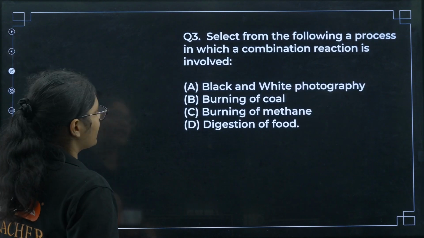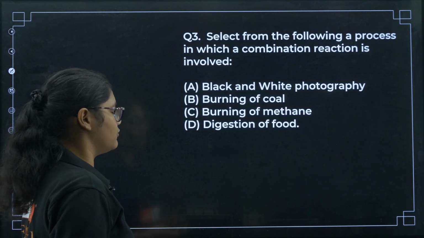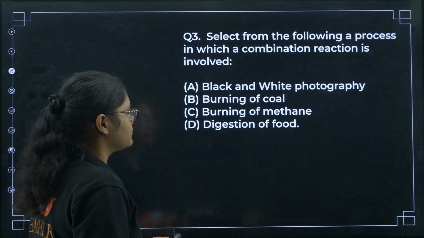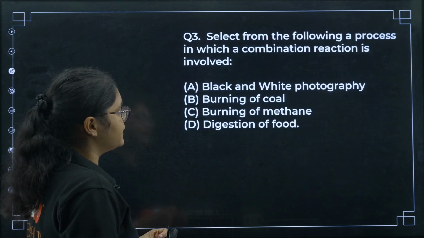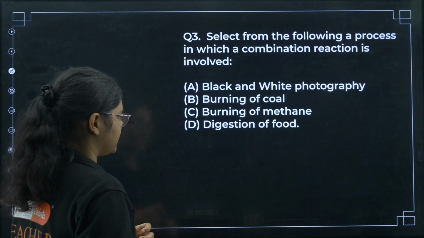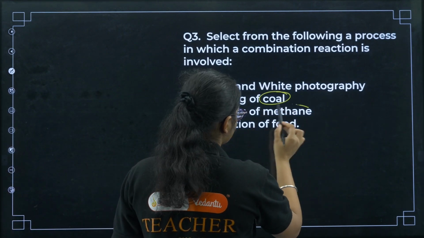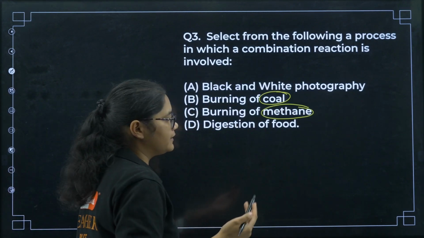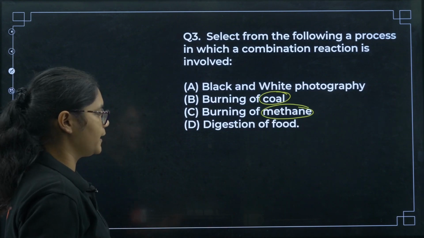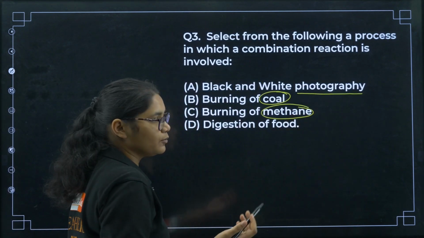Next, select from the following a process in which a combination reaction is involved: black and white photography, burning of coal, burning of methane, and digestion of food. If you see, in the burning of coal or in the burning of methane, carbon dioxide and water are produced. But in black and white photography, silver bromide is produced.